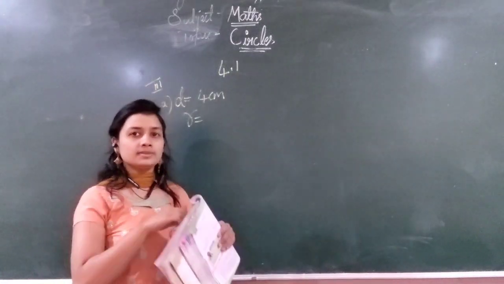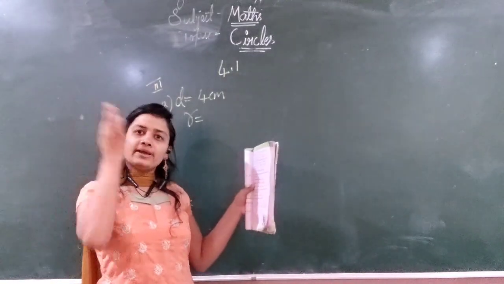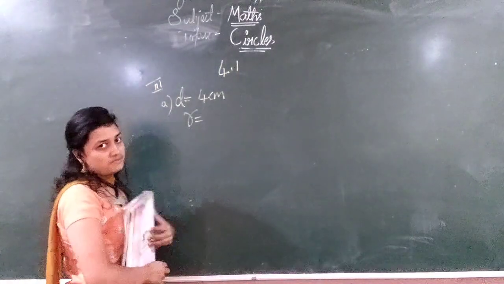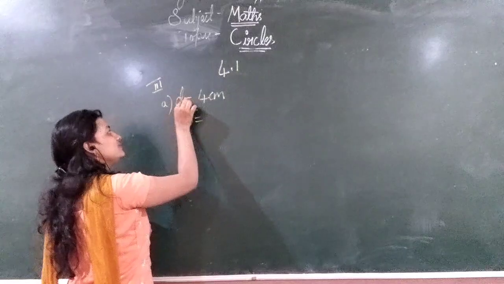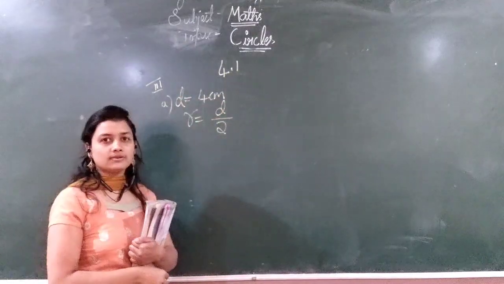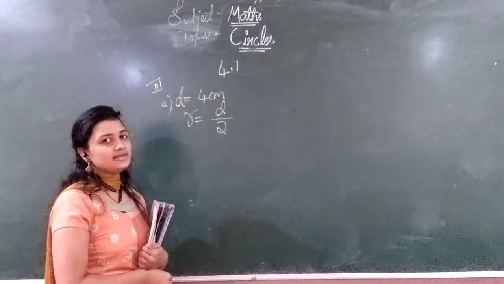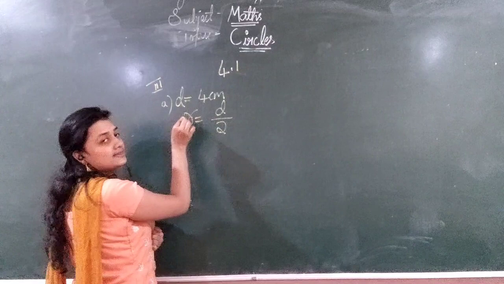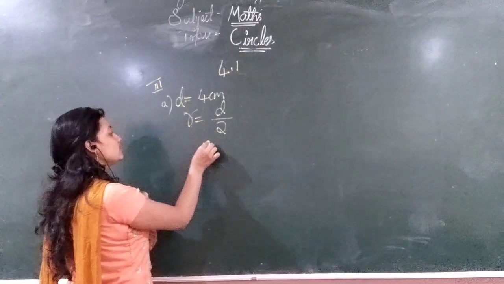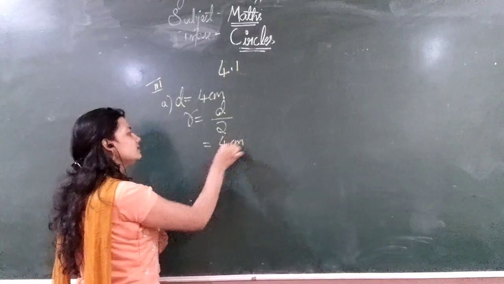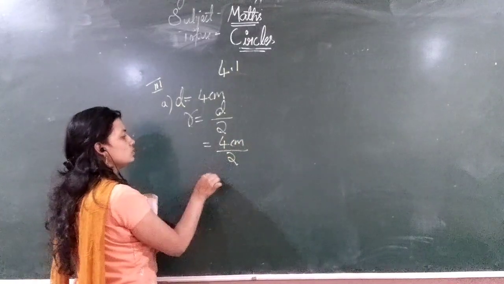You all know, if I cut the diameter in half, it gives me the radius. Cutting half means you divide the diameter by 2. So diameter divided by 2 gives you the radius. Let's write: diameter is 4 centimeter divided by 2.